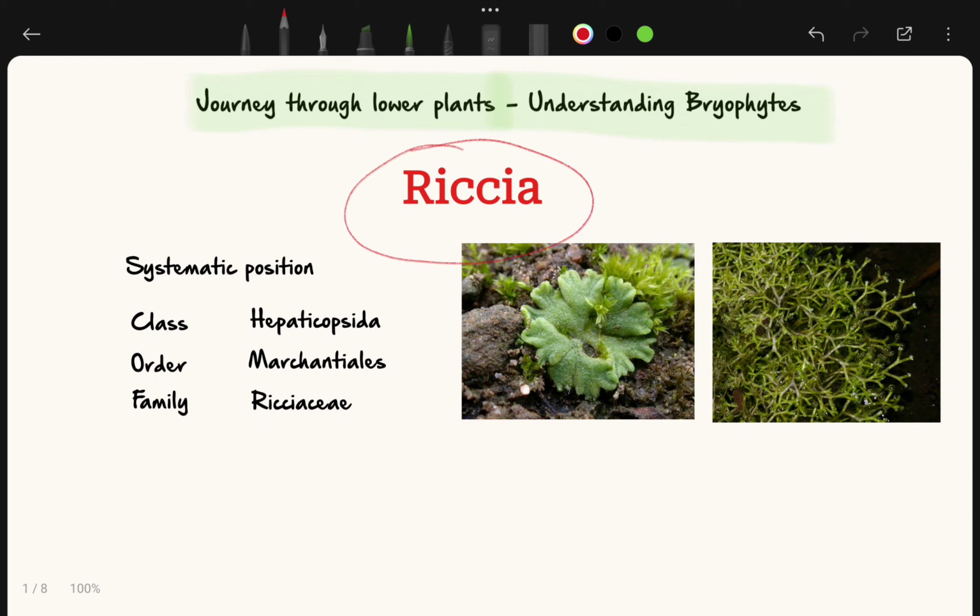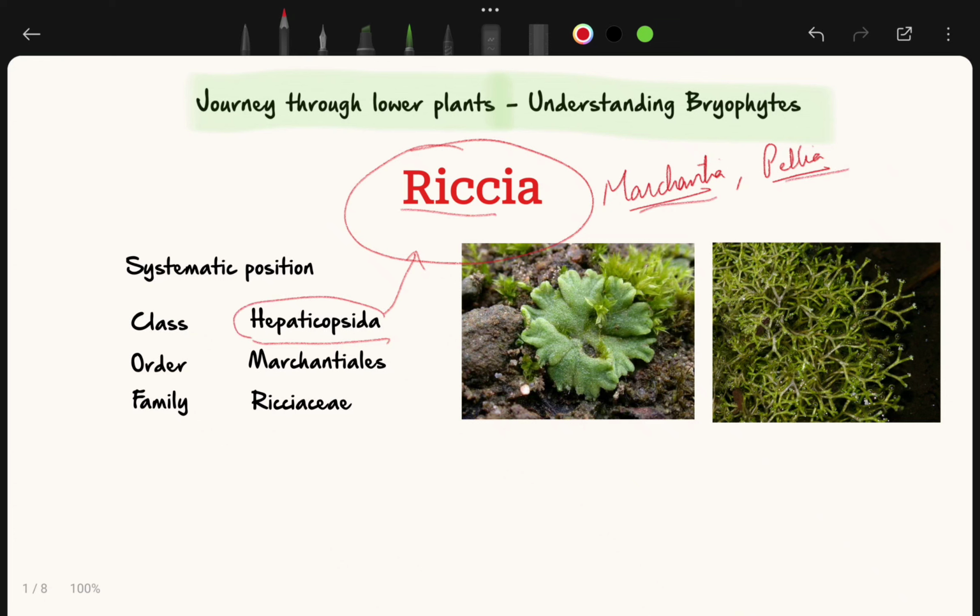Riccia belongs to the class Hepaticopsida, and under this class we will study another bryophyte known as Marchantia, as well as Pellia. So under Hepaticopsida we will be studying Riccia, Marchantia and Pellia.